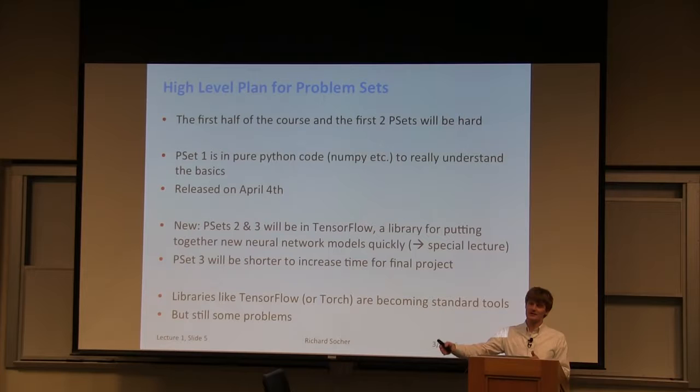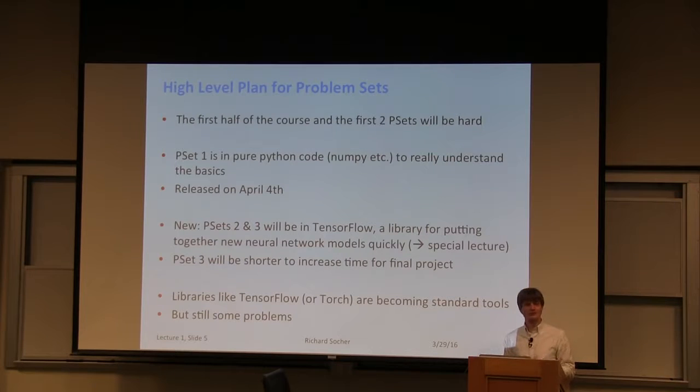Then this year, we'll update problem sets 2 and 3 to use a library called TensorFlow that was just introduced last year. It's a pretty brand new library that still has some problems, but I think the future of deep learning in practice will always involve some kind of automation, and libraries like TensorFlow or Torch.